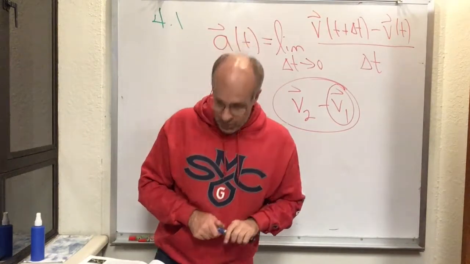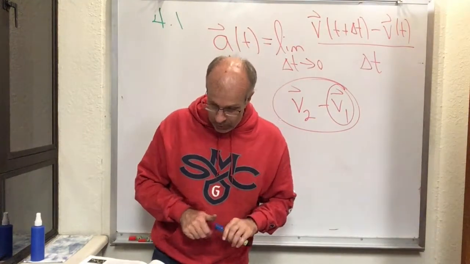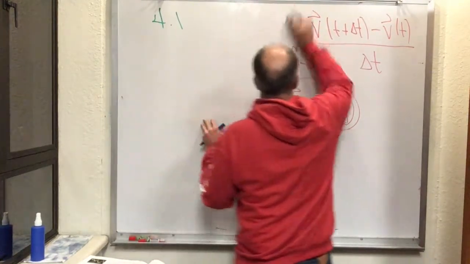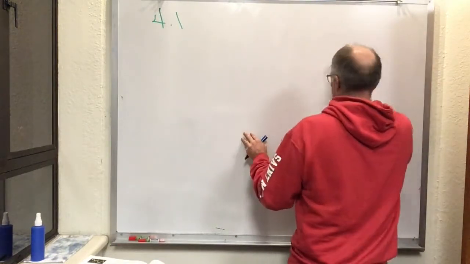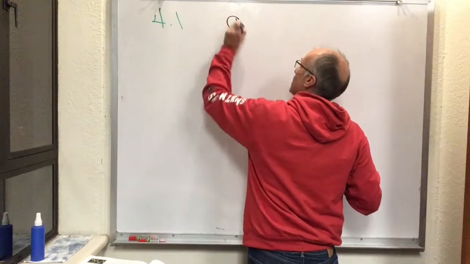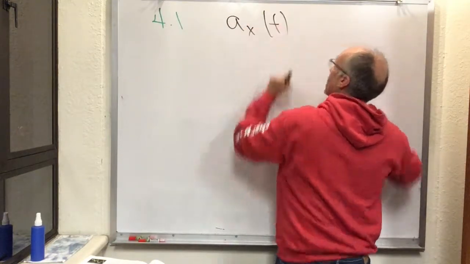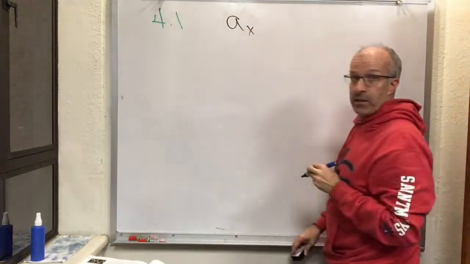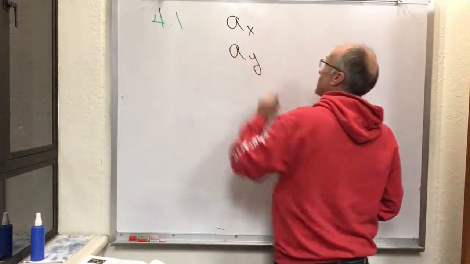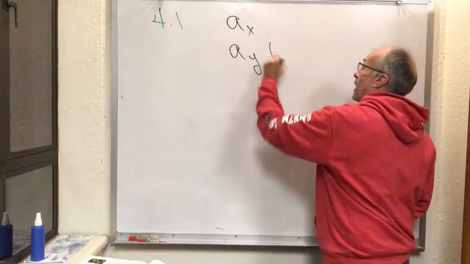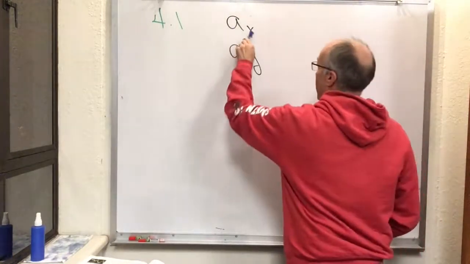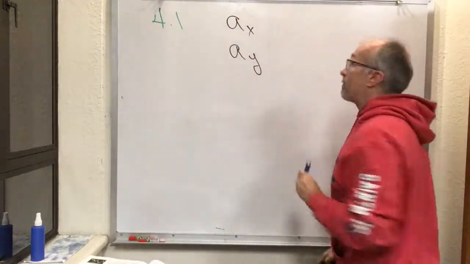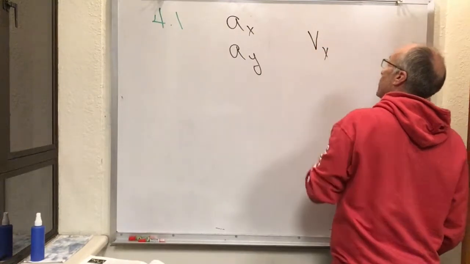And now we're going to close out chapter 4. Knight's going to go back to the incredibly important special case of constant acceleration. In other words, a sub x, instead of being a function of time, is just going to be a constant. And a sub y, instead of being a function of time, is just going to be a constant. Now, if a sub x is a constant, that means that v sub x is a linear function.